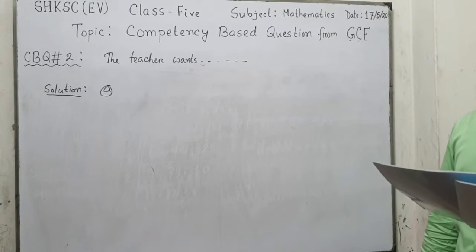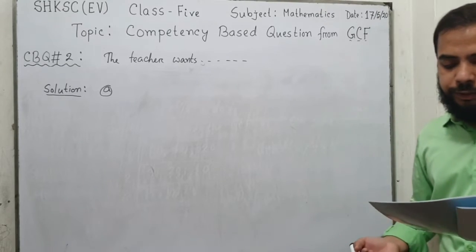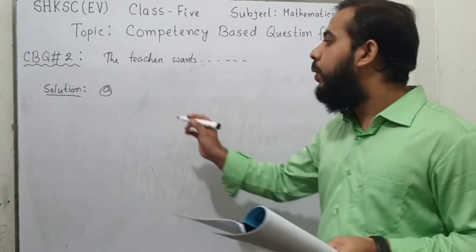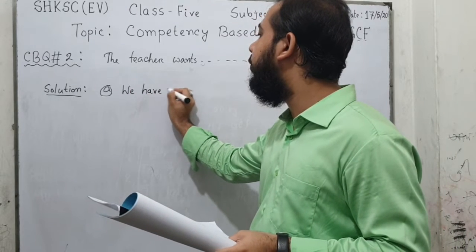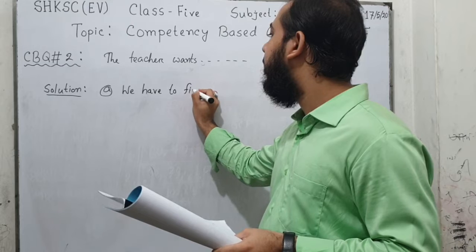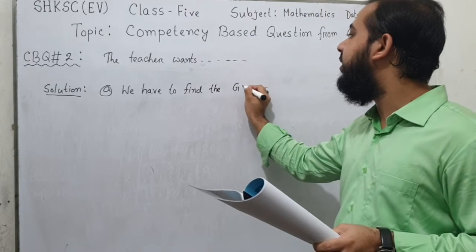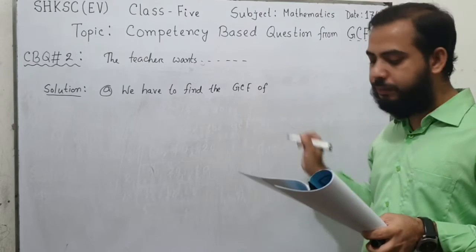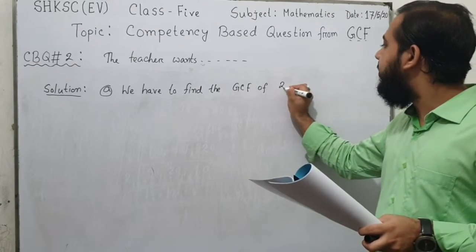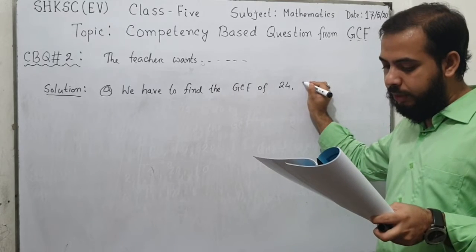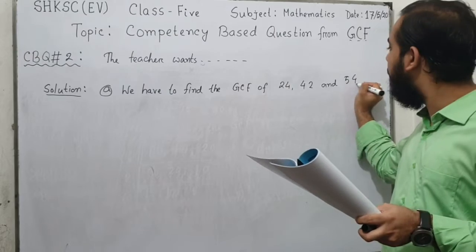At first question A. Here we need to find the maximum number of students, so we have to find the GCF of 24, 42 and 54.